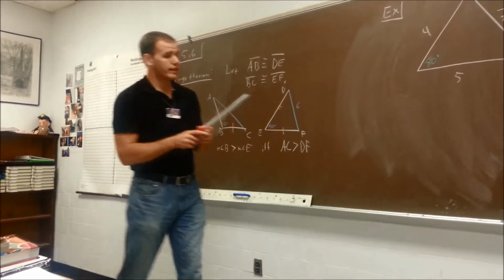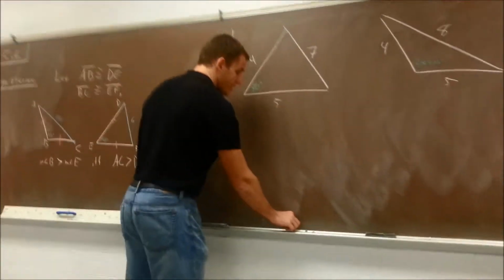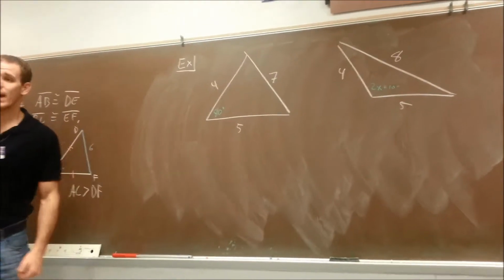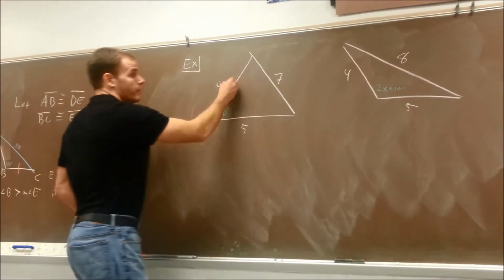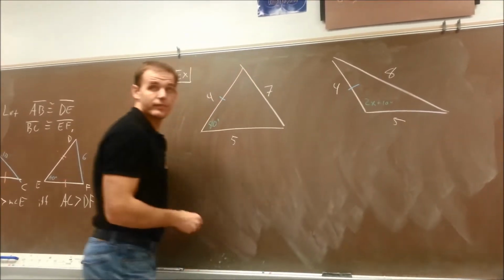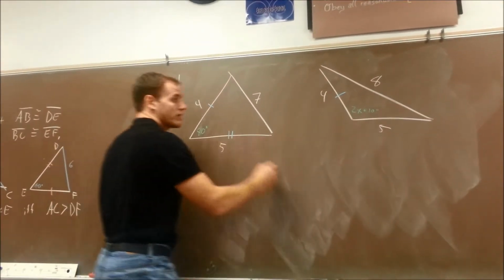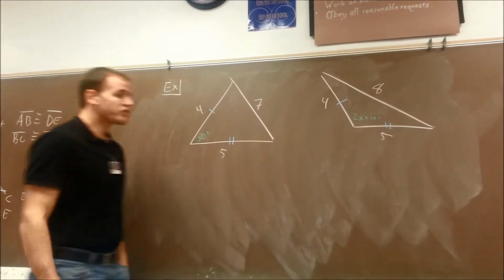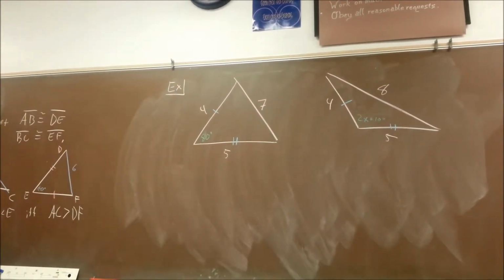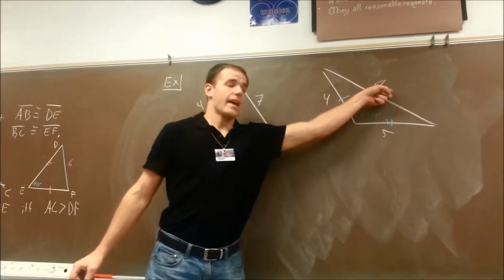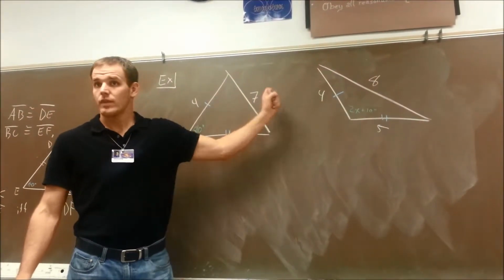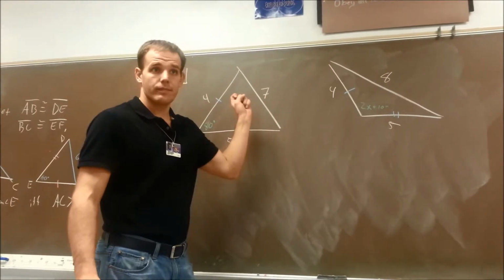So, let's look at this one over here. This example, pretty simple. Do we have two pairs of sides congruent? Yes, we do. We have 4 is congruent to 4, don't we? We've got 5 is congruent to 5. Now, which one's bigger here? 8 or 7? 8's bigger than 7, right?